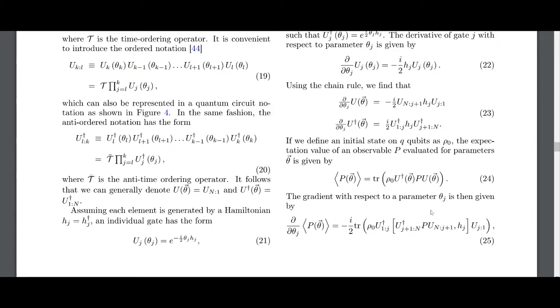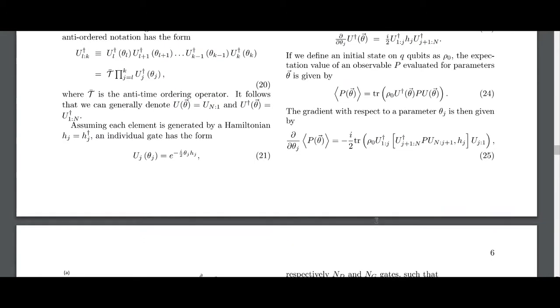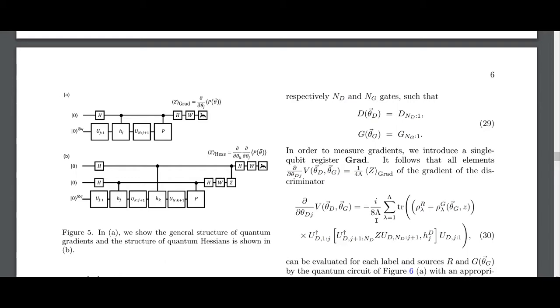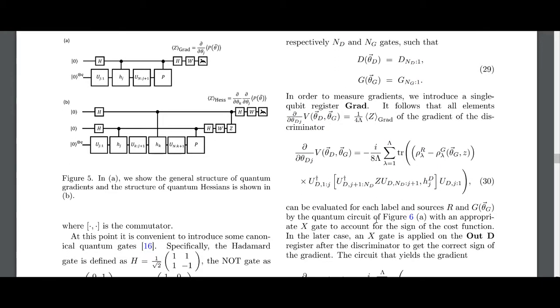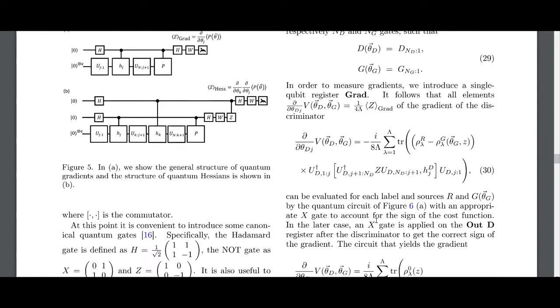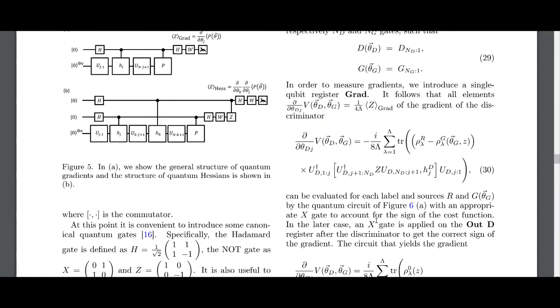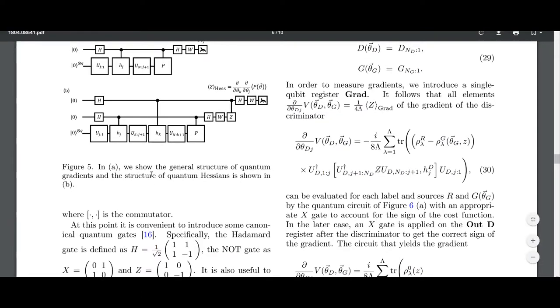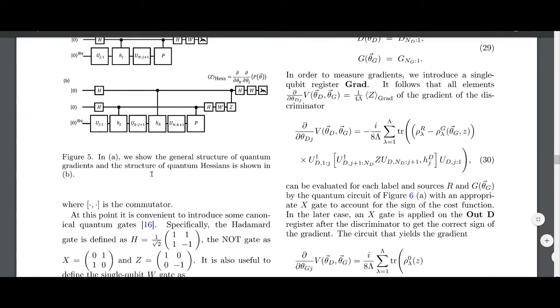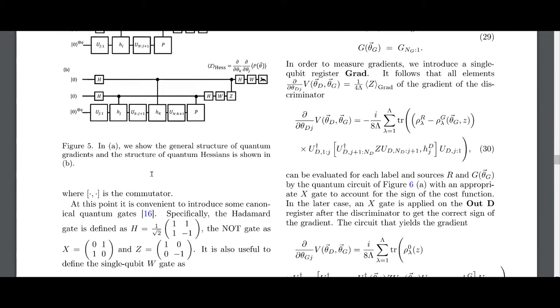Basically here they just go ahead and it's like boom, that's how you define the derivative. And then at this point it is convenient to introduce some canonical gates.